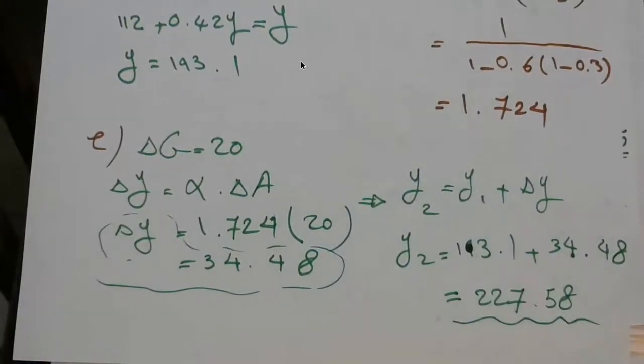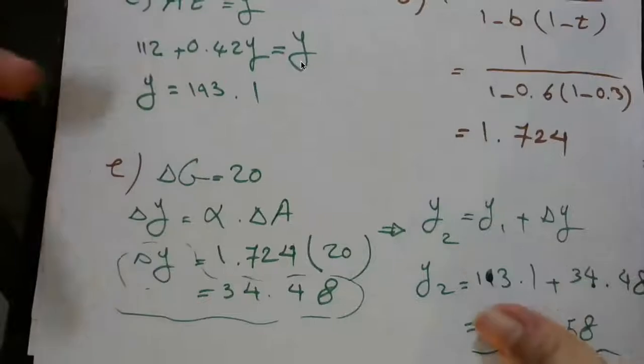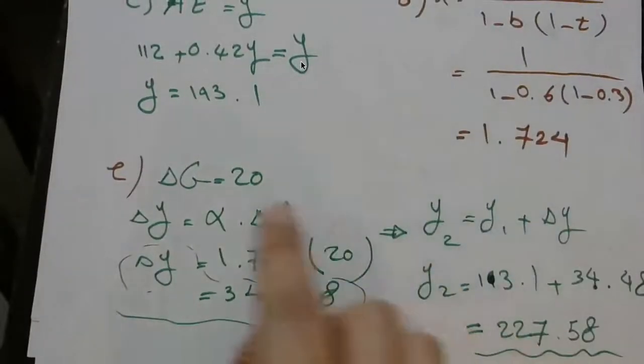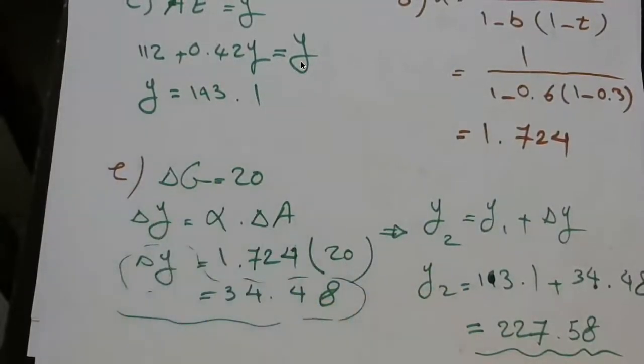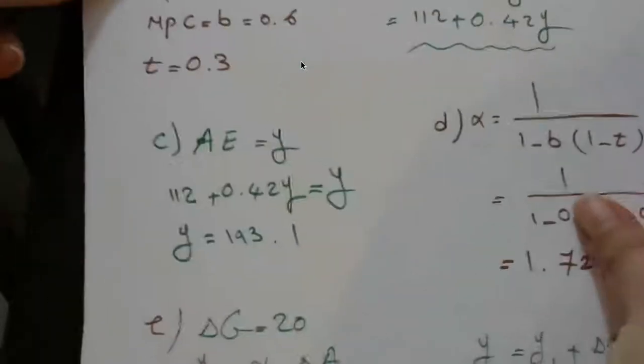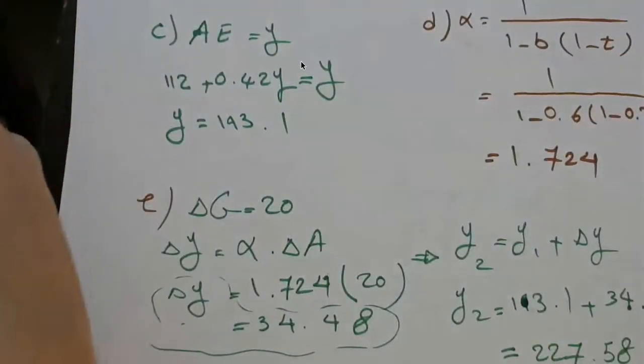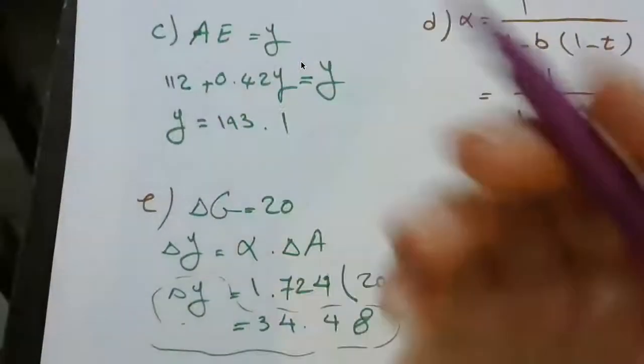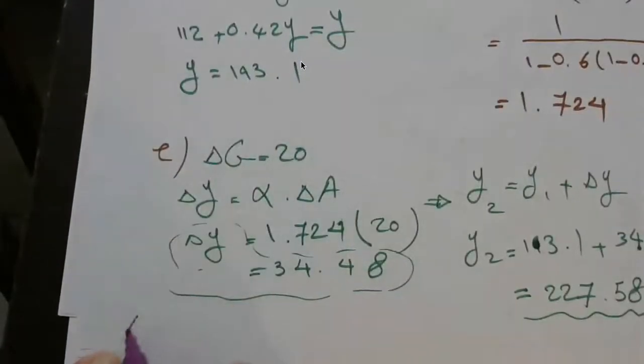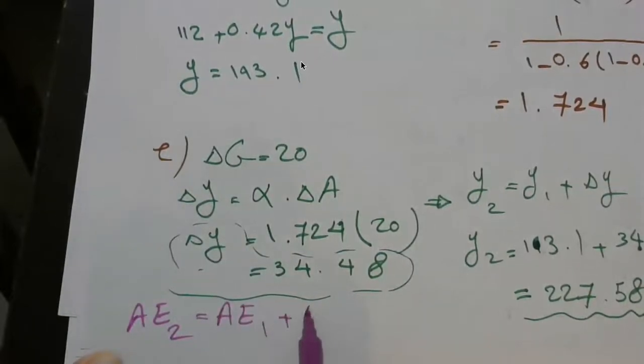So is there another way that we can reach the same number? Yes. You can first calculate the new aggregate expenditure function. So what is the new aggregate expenditure function? That's AE2. It means that AE1 plus the change in government expenditure.